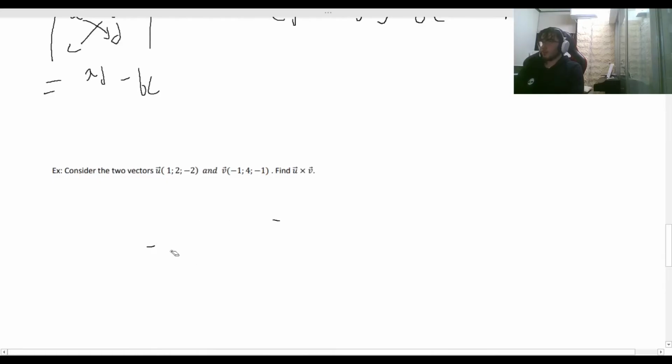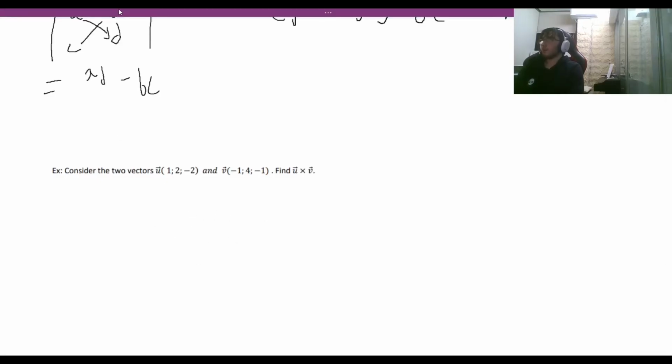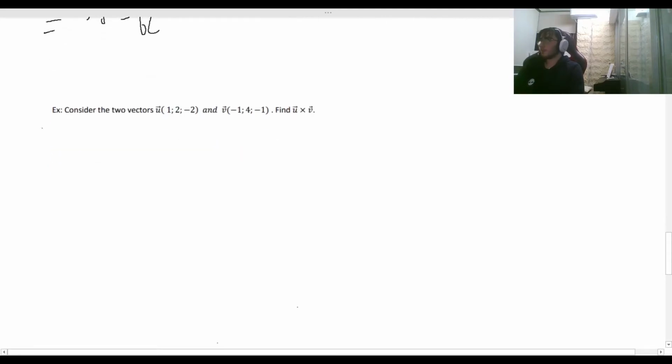Okay, on a piece of paper, try to solve this for practice. I'm going to solve it really fast. U vector cross v vector is equal to, put the two lines, put the unit vectors, put the coordinates of the first vector, put the coordinates of the second vector.